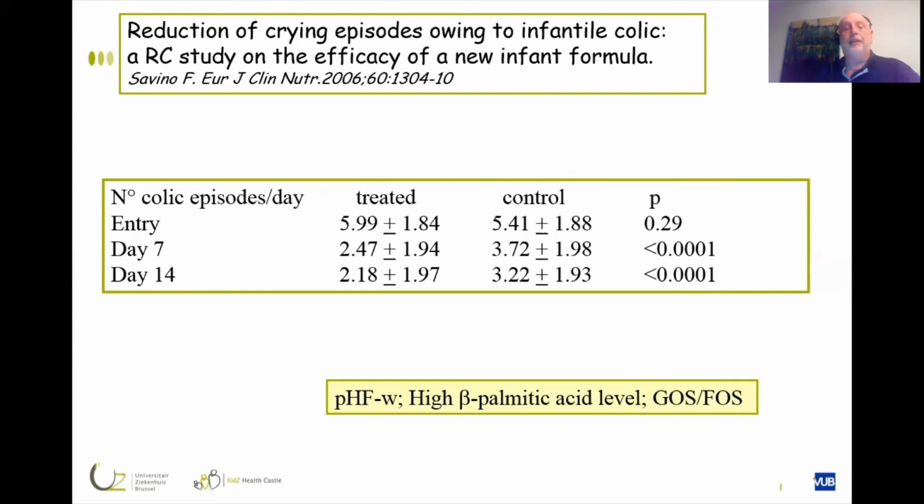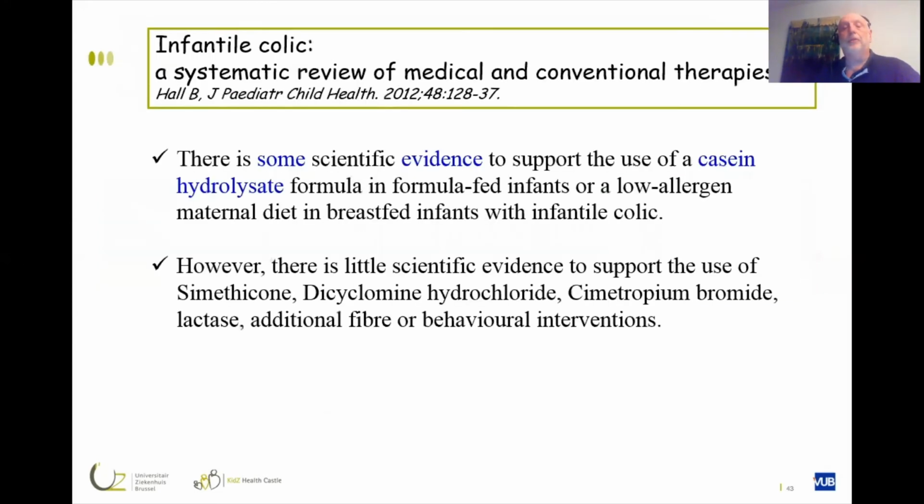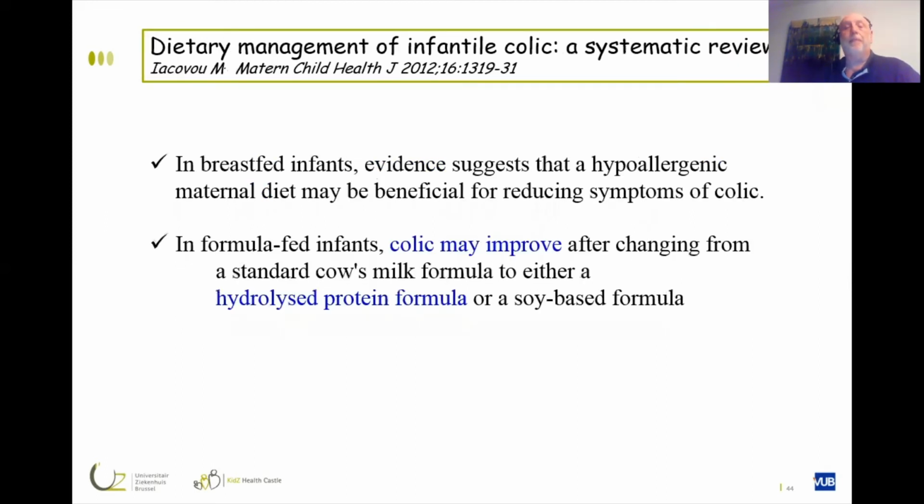But this therapeutic formula with prebiotics, beta palmitate, and a partial whey hydrolysate and reduced lactose resulted in a significant improvement of infantile colic compared to the control group. And there is also evidence that extensive casein hydrolysates can be effective in the management of infantile colic.